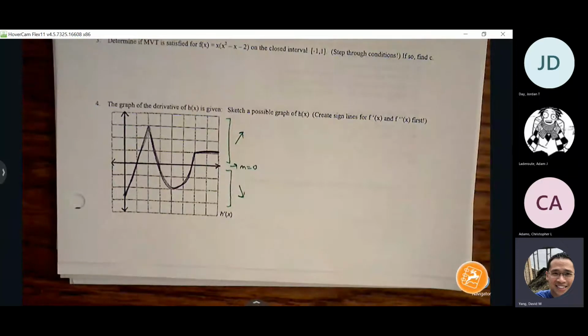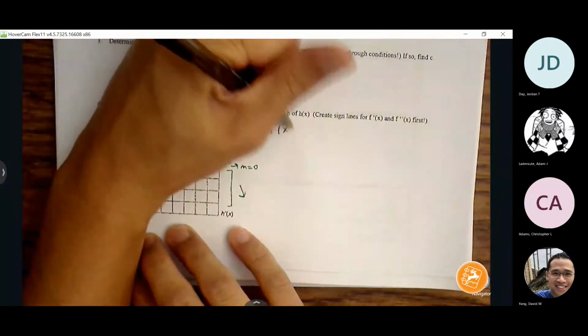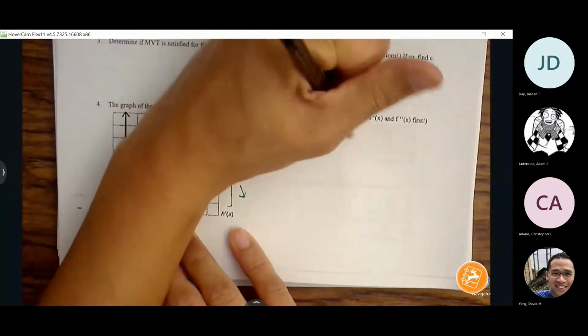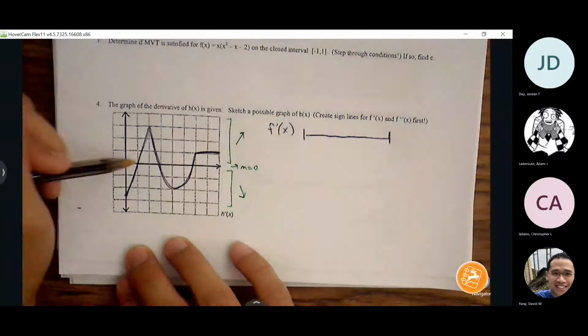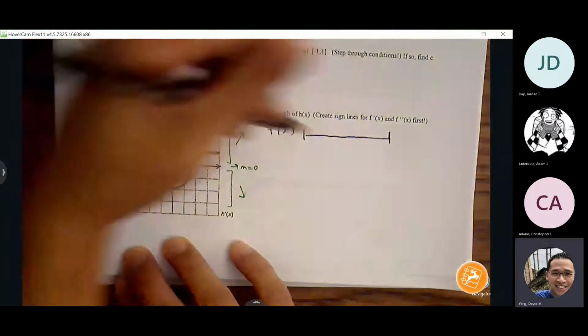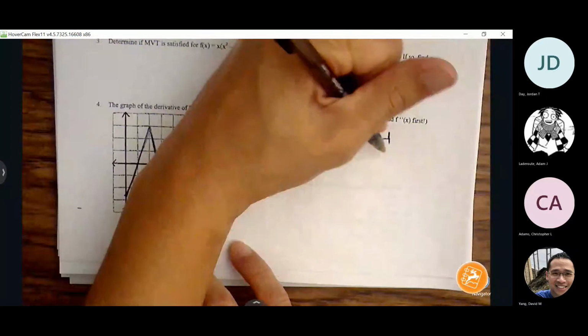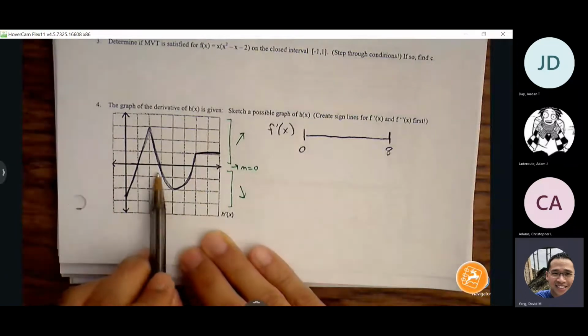So if I want to create my f prime graph, I'm always going to target my x-intercepts first. Endpoints from 0 to x-intercepts 1.